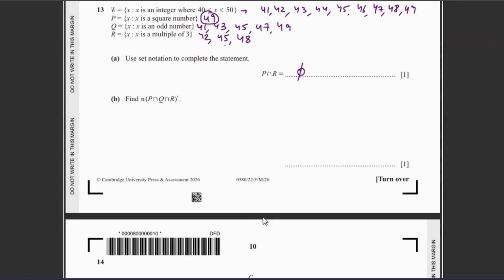How many sample space values do we have? 1, 2, 3, 4, 5, 6, 7, 8, 9. So in total we have 9 sample space values. Now if p intersection r is empty, we can say that there is nothing in common. So the complement will be the total, which is 9, because nothing is in common.